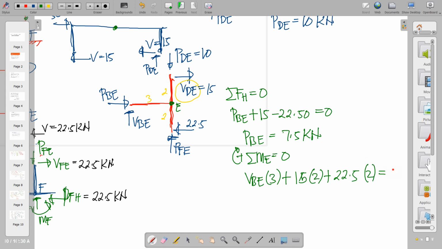Okay, is equal to 0. So we can now get VBE be equal to negative 25 kilonewton.